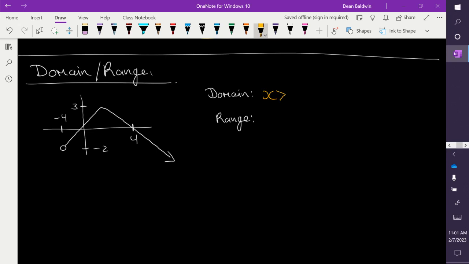Why? It's an open circle, right? So that means the number is not included. So X is greater than -4. And then you'd say X ∈ R, which means X is any real number that is bigger than -4. That's the way it's taught a lot of times.